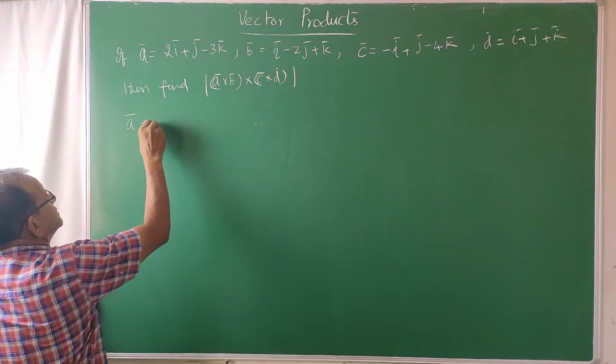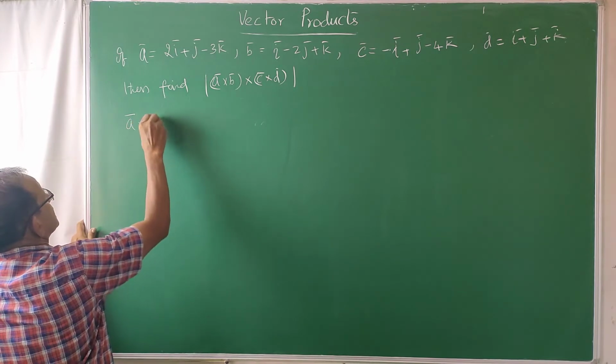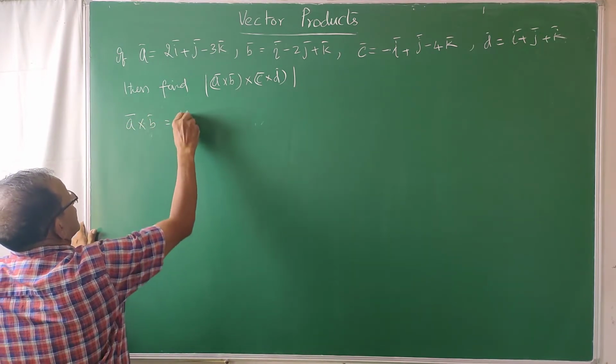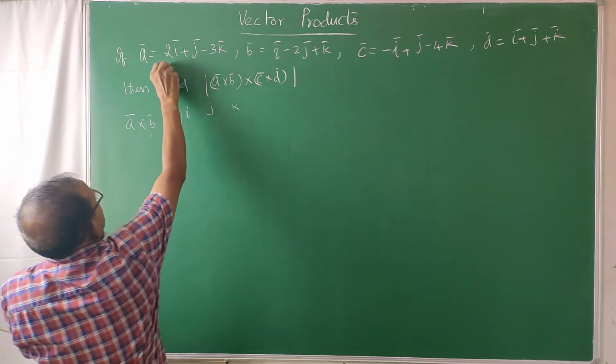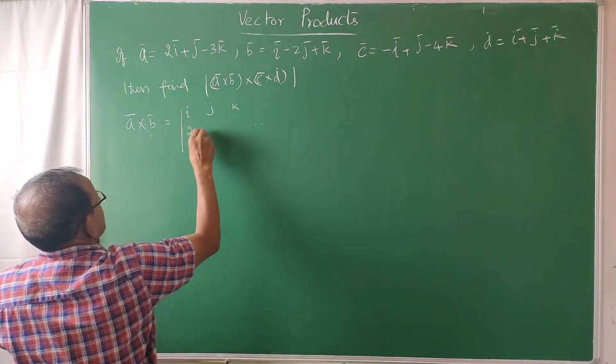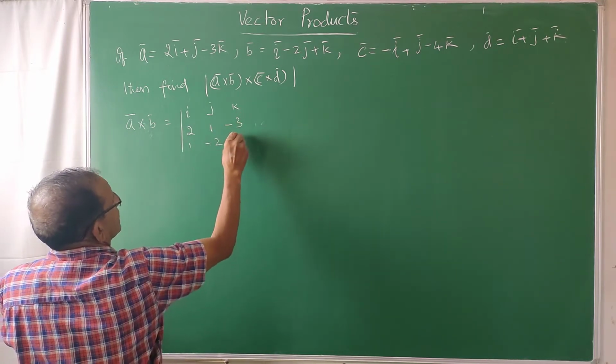A bar is equal to, I am writing directly a cross b, I, j, k, 2, 1, minus 3. And for b bar, 1, minus 2, 1.